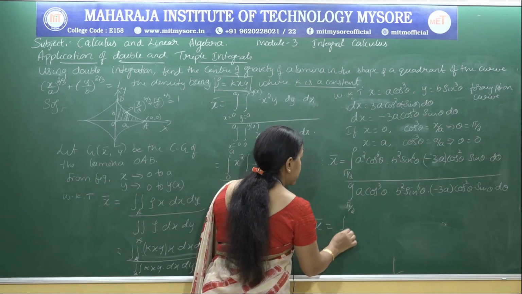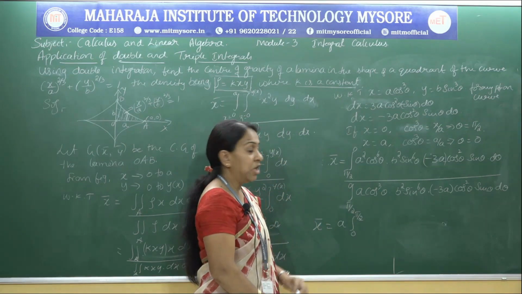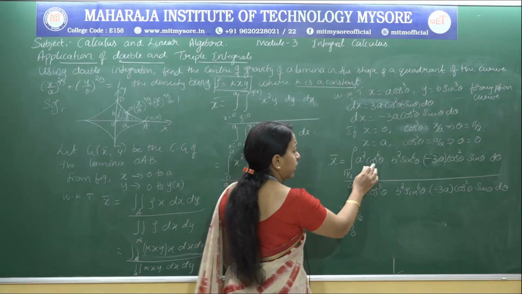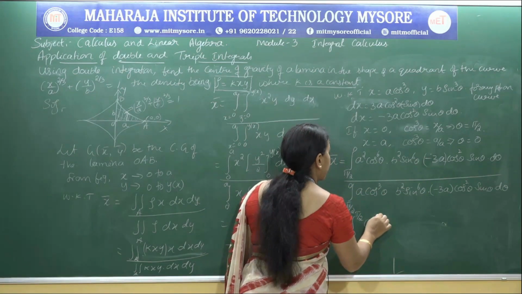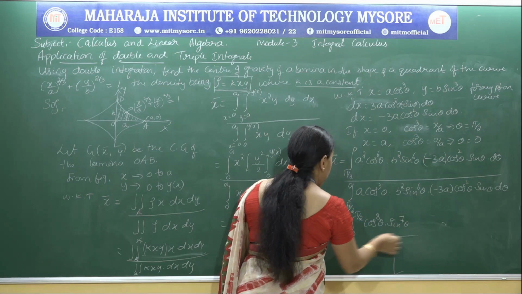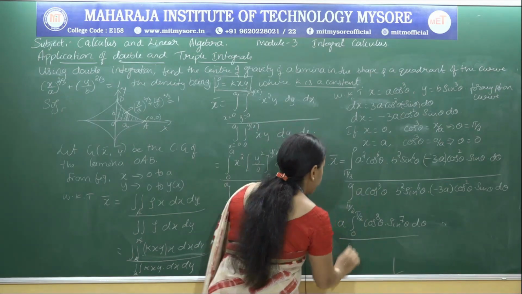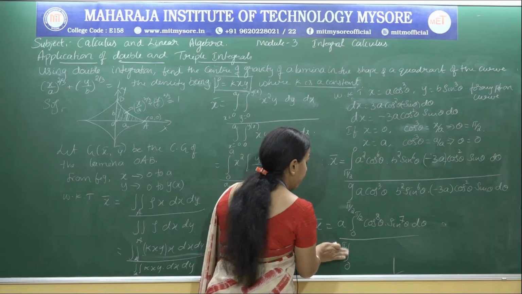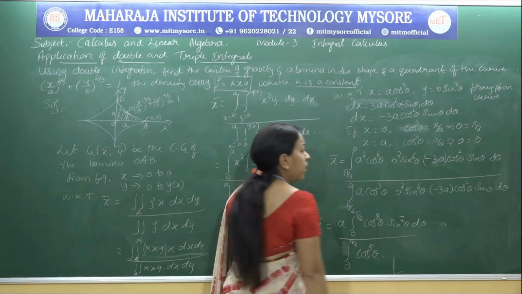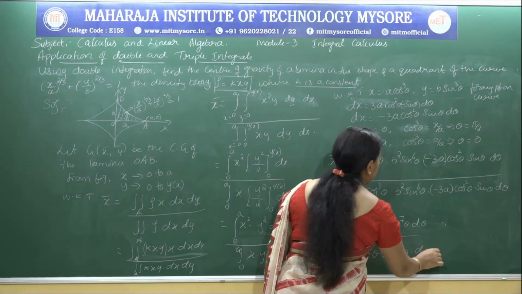So x bar is a times the integral from 0 to pi by 2 of cos power 6 into cos square, which is cos to the power of 8 theta, into sin power 6 into sin theta, which is sin power 7 theta d theta, whole divided by the integral from 0 to pi by 2 of cos power 3 into cos square, which is cos to the power of 5 theta, into sin power 6 into sin, which is sin to the power of 7 theta d theta.